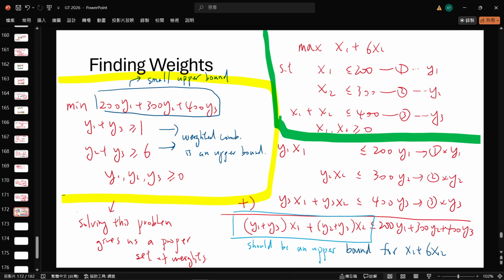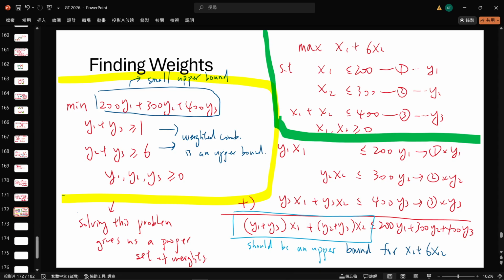So you see, in some sense, we transform the original problem into a new problem. It's similar to the process where we transform matching into vertex cover. So we have some problem transformation.